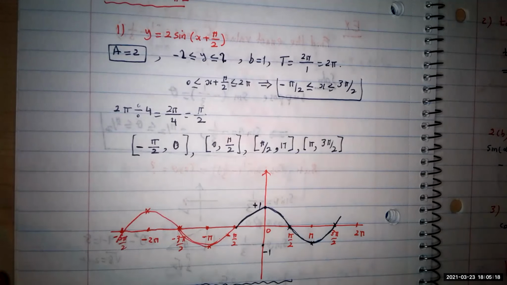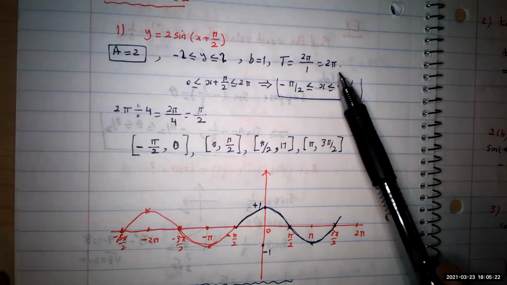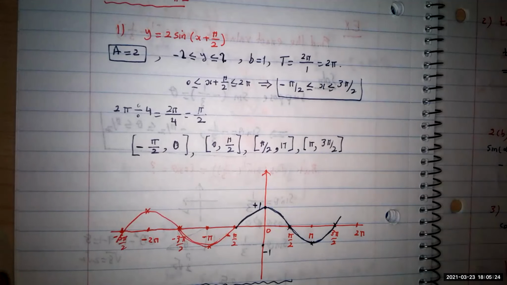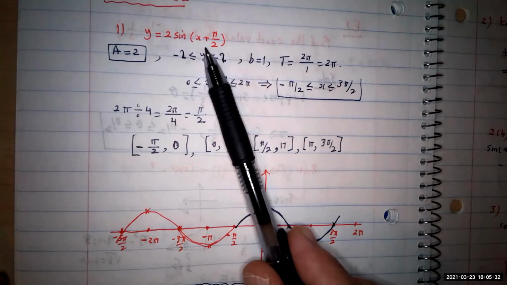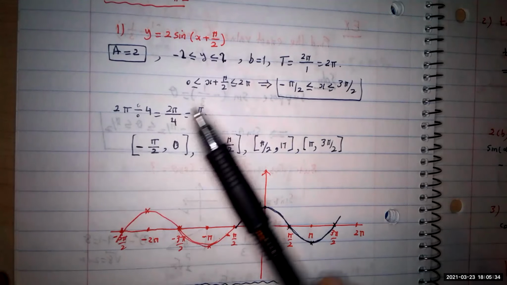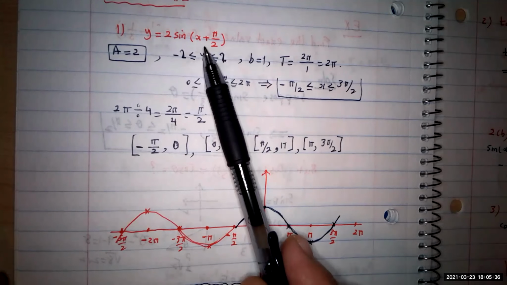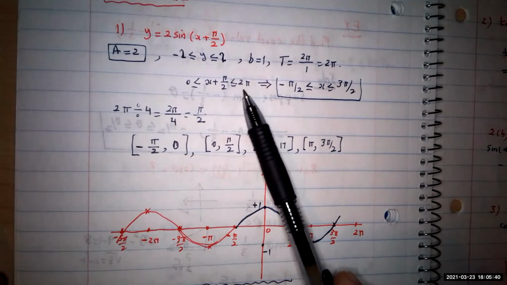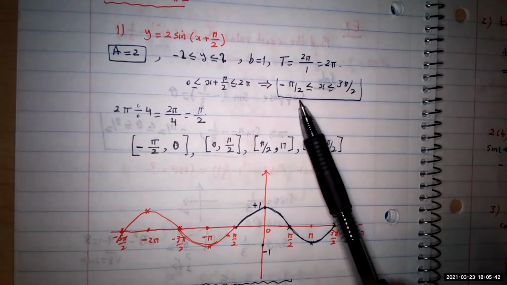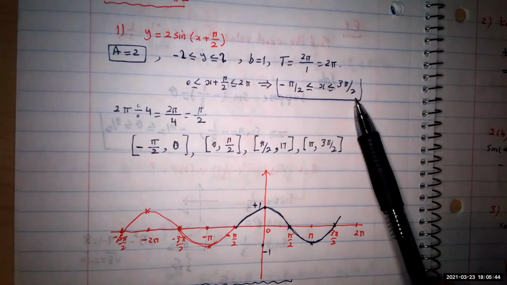Now the difficulty for graphing this one is that the ordinary interval for one period would be 0 to 2 pi, but since there is a shifting over here, you have to modify it. You start with the fact that x plus pi half is between 0 and 2 pi. Then you subtract pi half, which gives negative pi half and 3 pi half.